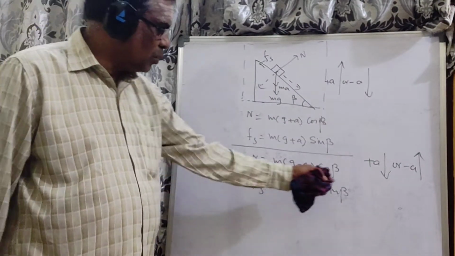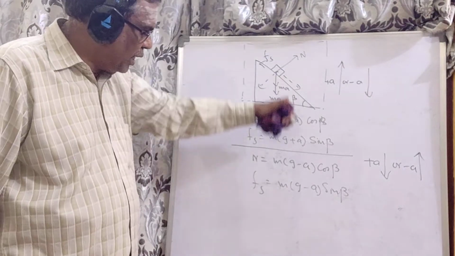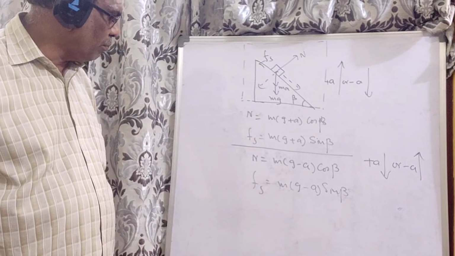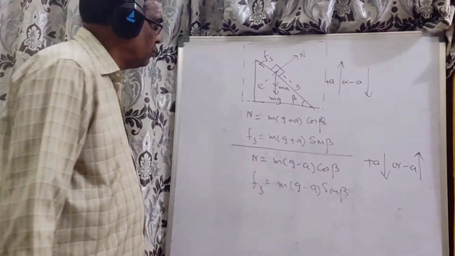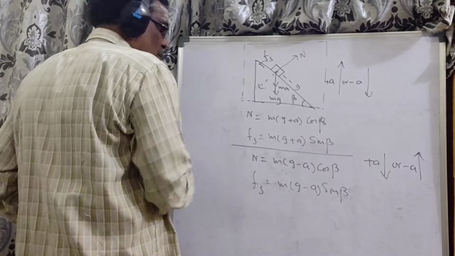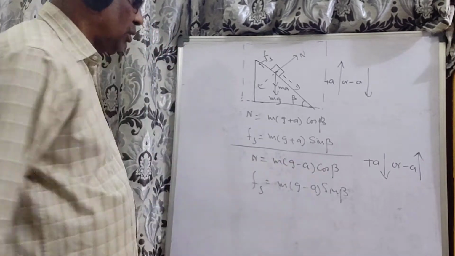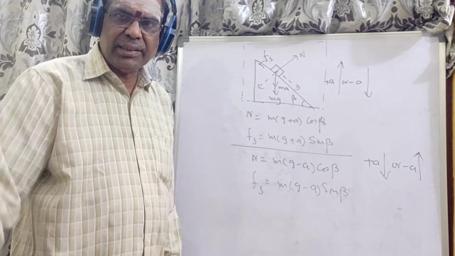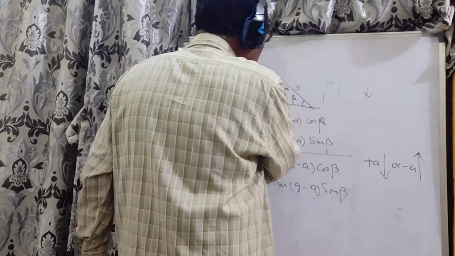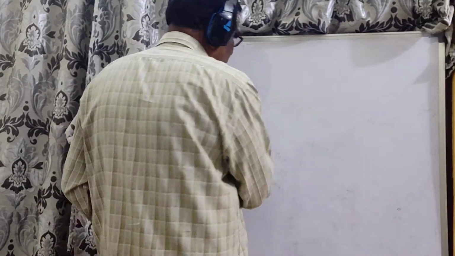This is how you are going to get the equations if you accelerate it up or accelerate it down. Okay? Fine. Then there is a chance that N could be 0 when g is equal to a. Fs doesn't arise. I told you, if N is 0, question of friction doesn't arise. Because contact is lost.